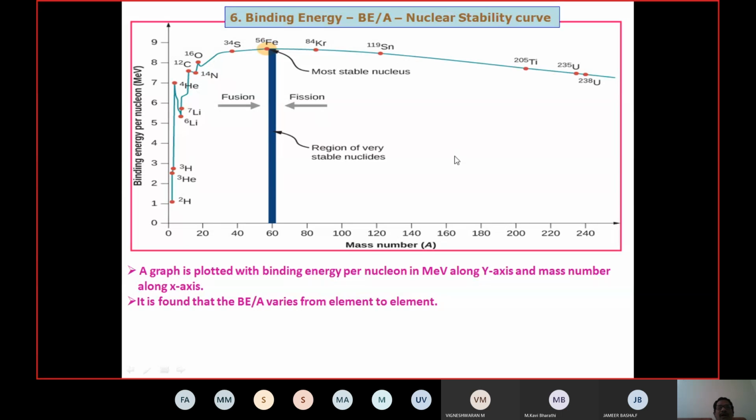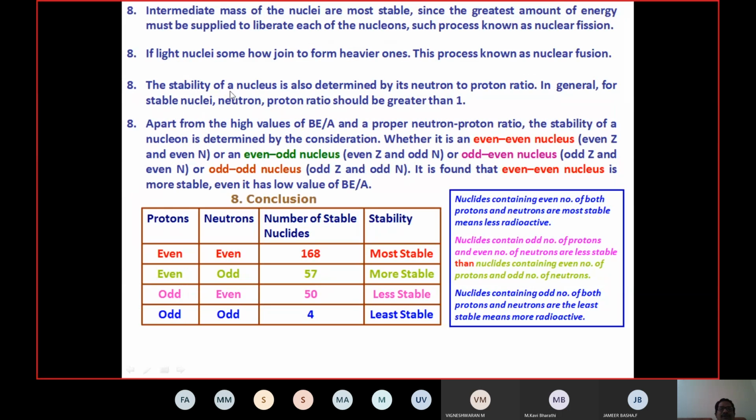Now I would like to mention another important point: the stability of a nucleus is also determined by its neutron to proton ratio. In general, for stable nuclei, the neutron-proton ratio should be greater than 1.